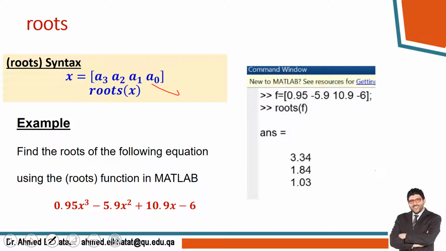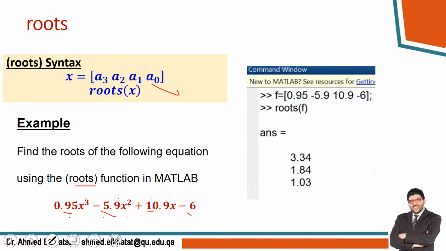Example: find the roots of the following equation using the roots function in MATLAB. The coefficients are 0.9, 5.9, 10, and minus 6. It's important that if the coefficients are not in order, you should put them in order. You should start from the highest power and go lower and lower.